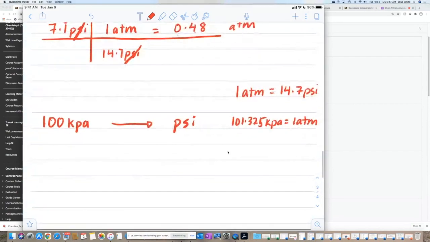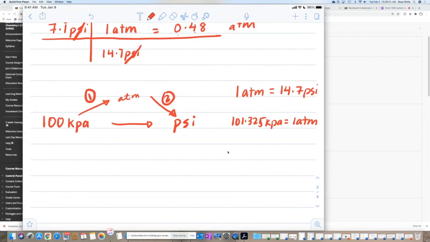Essentially, we're going not directly, but from kilopascals to atmospheres, from atmospheres to psi. So we're going to be doing 2 conversions. And that's how what we did in the previous chapter relates to this chapter. That's why we're practicing it there.